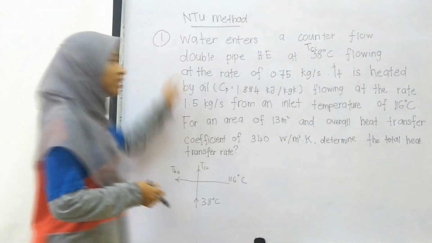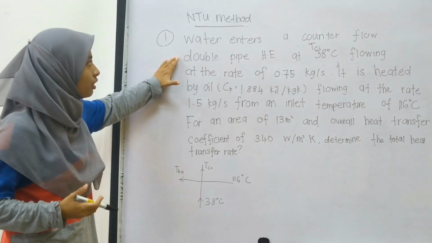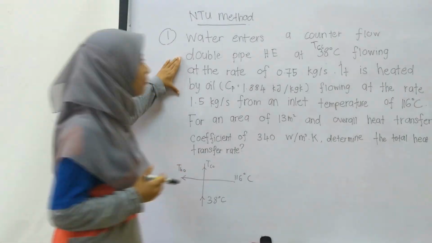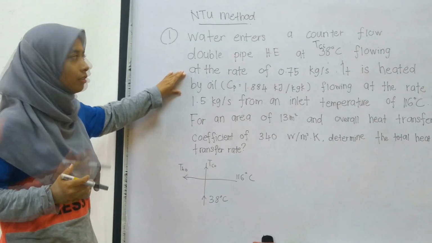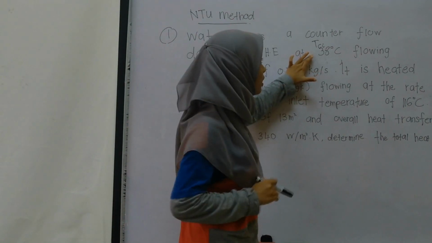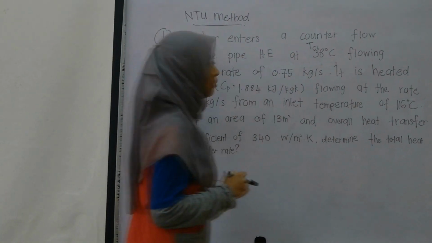So, this is the example of the question. It is said that water enters a counter flow double pipe HE at 38 degrees Celsius, flowing at the rate of 0.75 kg per second. So, 38 degrees Celsius is the temperature for the inlet for fluid, which is the water.